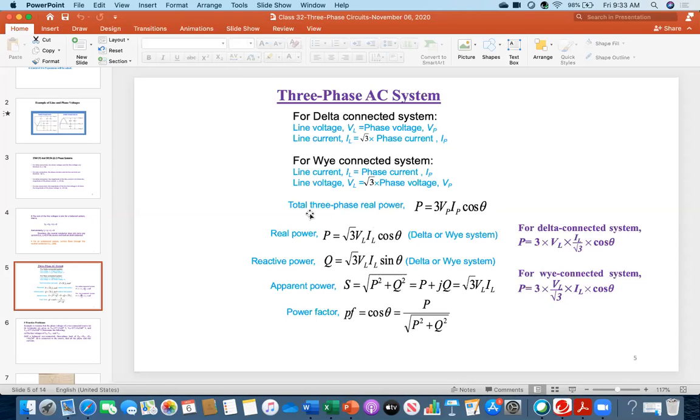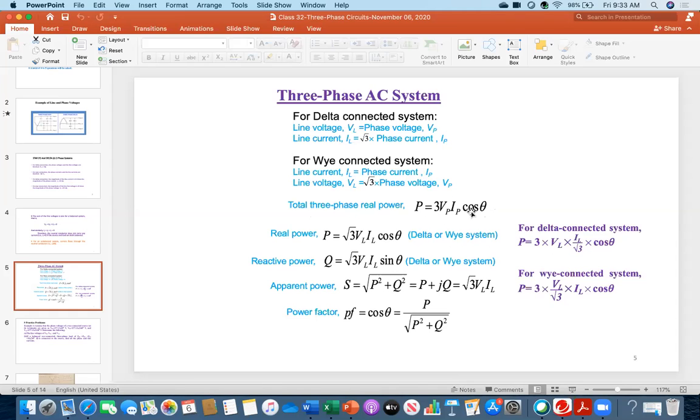But today what I am writing is total three phase real power. This means, look, without the 3, that Vp Ip cosine theta, this equation goes for the single phase system, for any of the phases, for example phase A or phase B or phase C. And then I am multiplying by 3.